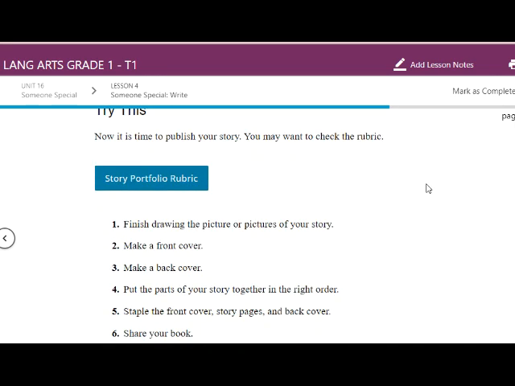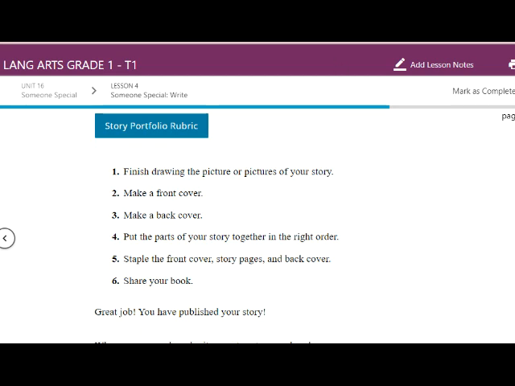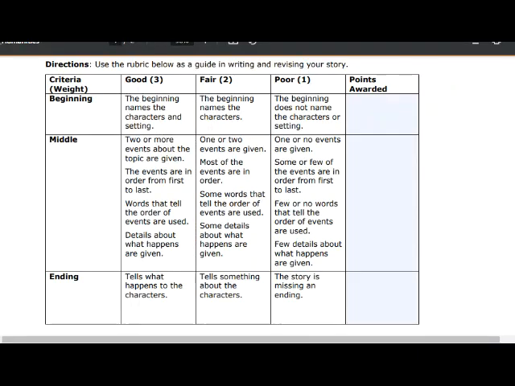Let's look at our rubric that tells us what we should include in our book. In the beginning, we should make sure that we have the names of our characters and the setting. That's where the story takes place. We need two or more events. Those are things that happen. We need to make sure we order those events from first to last and use words that tell the order of events.